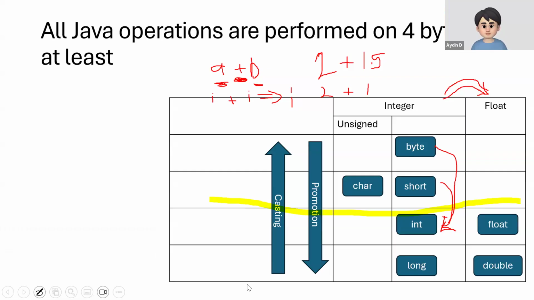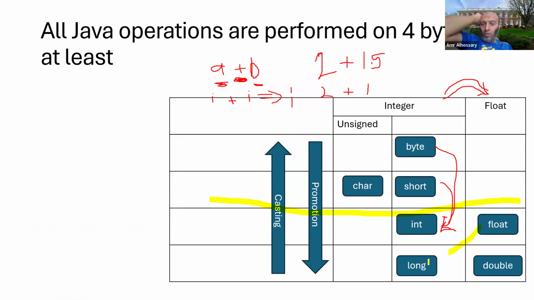I see. Float and long: the float will be promoted into double and it will be double plus long. So we'll go in this direction. So the output will be double.